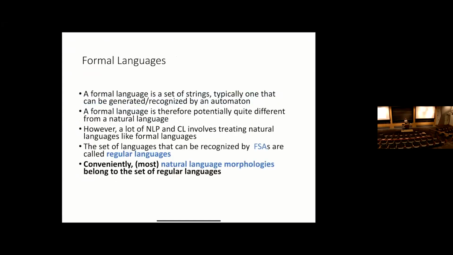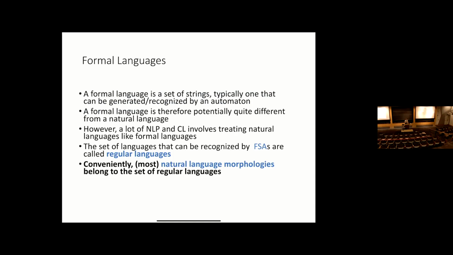So something we're going to come back to is the study of formal languages. A formal language is a set of strings, typically one that can be generated or recognized by an automaton. This is pretty different from a natural language, but one thing that NLP people have traditionally done is pretend that natural languages are formal languages. This is less true now than it was at a point in the past, but it's nevertheless true.